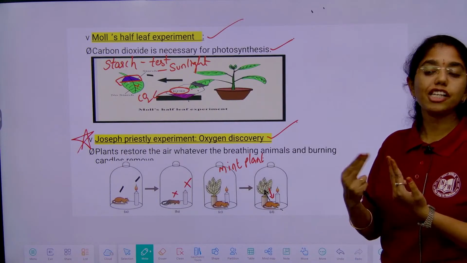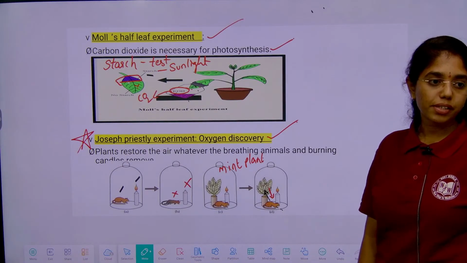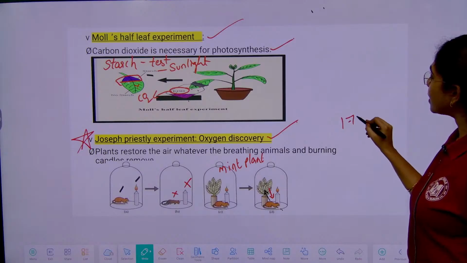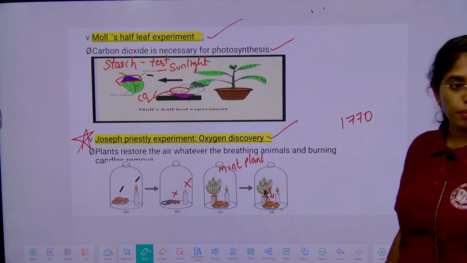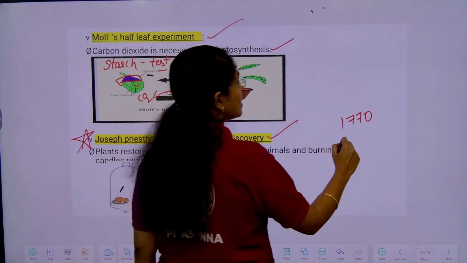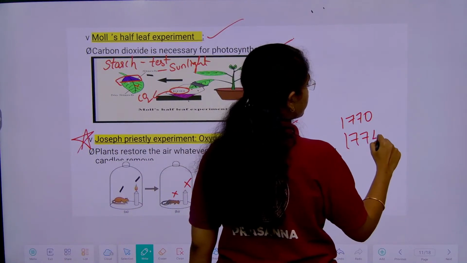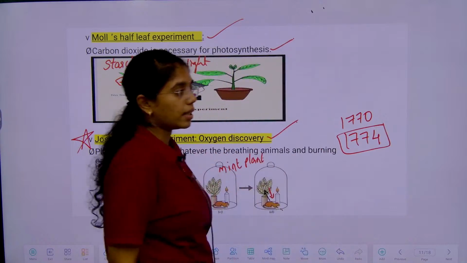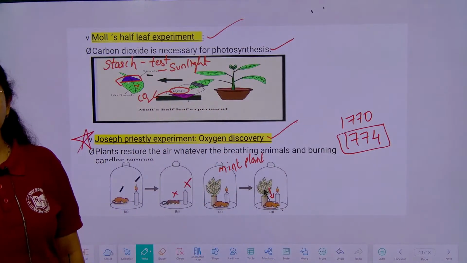So there is gaseous exchange taking place. Around 1770 he performed this experiment. He discovered oxygen in the year 1774.